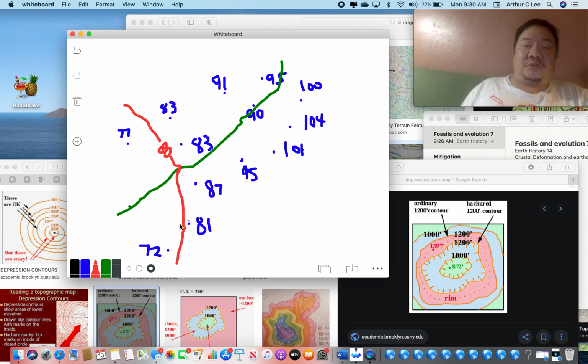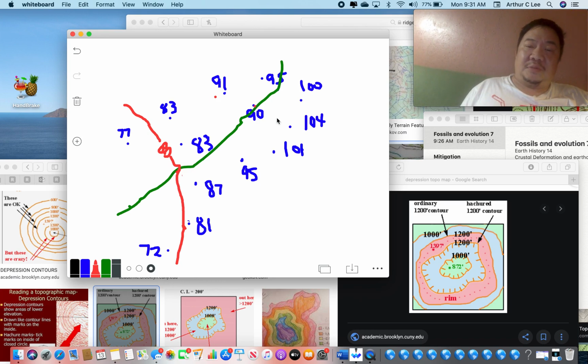Now, with a contour interval of 10 feet, the next line should be 90 feet, right? 80, then 90. So 83 and 91, where would 90 fall? Right about here. Okay, let's do the 90. It's closer to the 91 than the 83, right? Oh, we got a 90 right here on the dot.